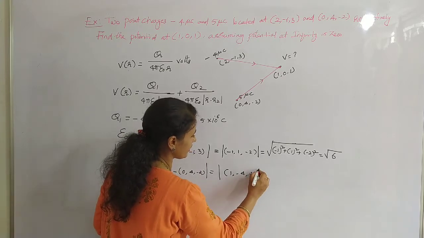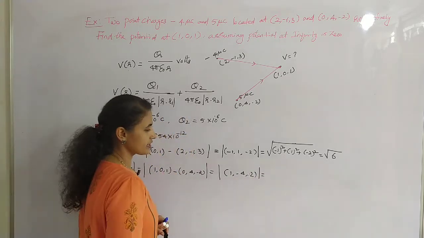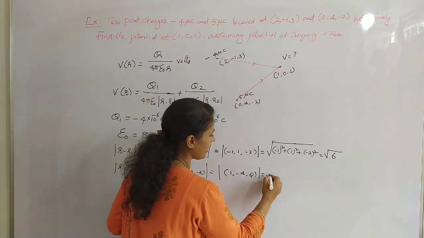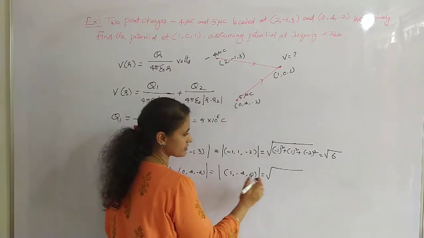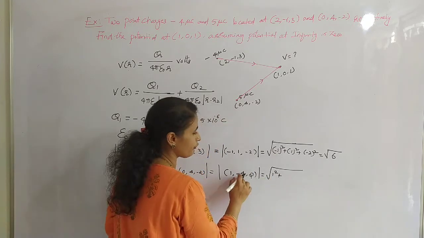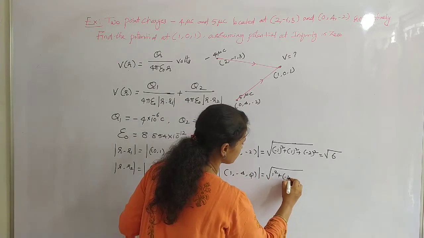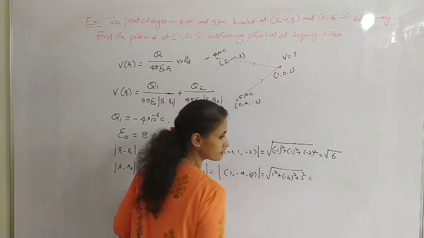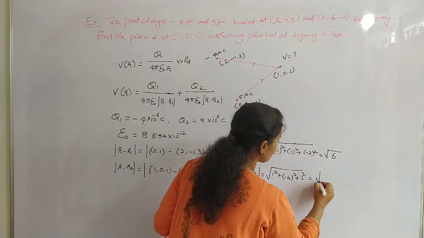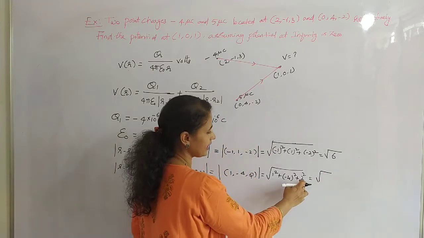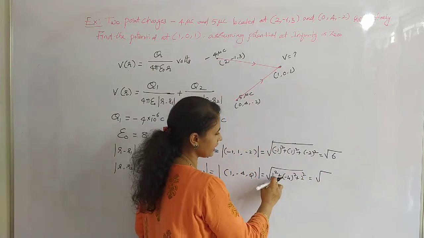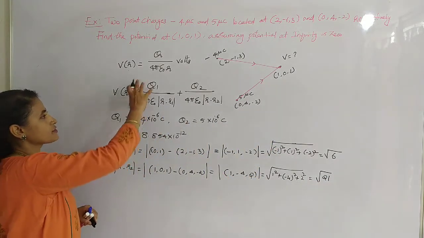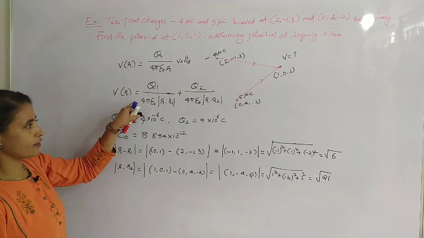The magnitude is the square root of 1 squared plus (-4) squared plus 2 squared, which is the square root of 1 plus 16 plus 4, that is, root 21. Now let us substitute all these values in this formula.